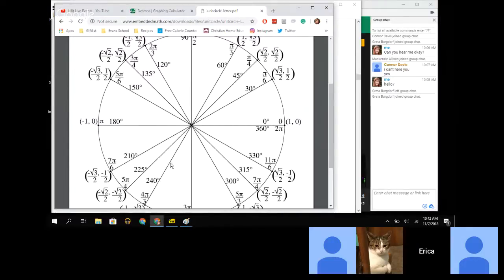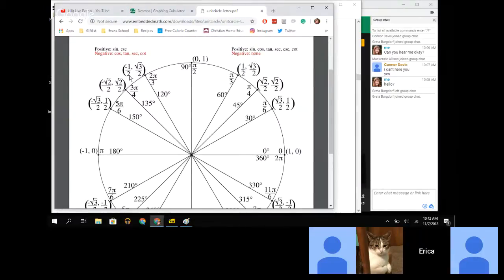Positive 4 pi over 3 is here at 240 degrees, right? But we want the negative of that. If positive, you would go this way, and then negative, you would actually move around the circle up here to 120 degrees. So the coordinates of negative 4 pi over 3 are at negative 1/2 and square root of 3 over 2.